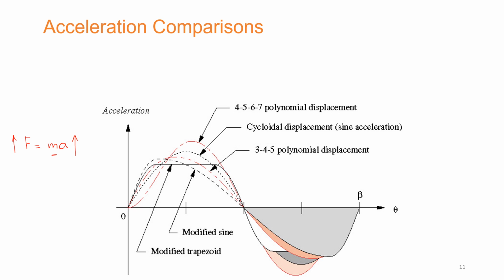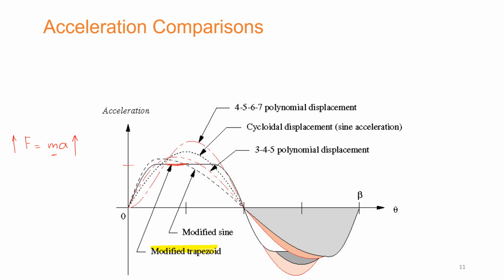And I can readily see the modified trapezoid, which is right over here, indicating that the acceleration goes to maximum like over here. It rises up, obviously, it falls down, obviously, as is the case for the other profiles. But the maximum value of acceleration is not that big as compared to the others. So obviously, in that scenario, modified trapezoid is going to be ideally suited for acceleration.